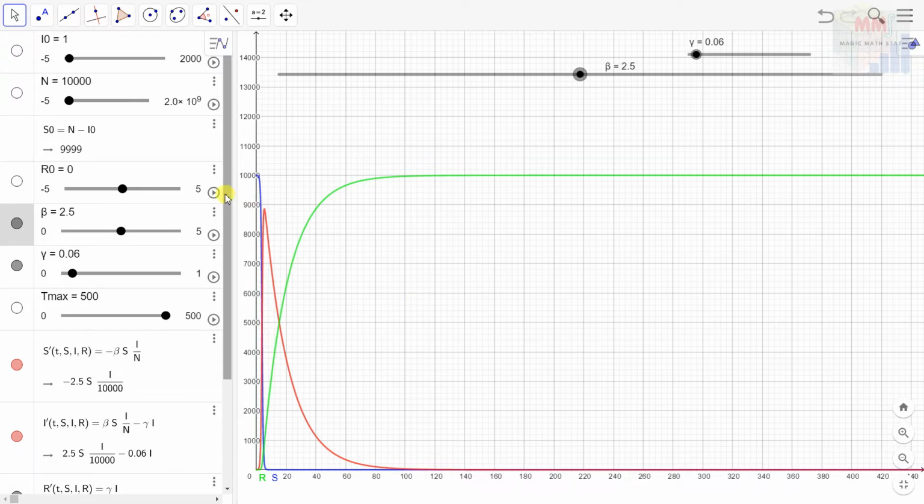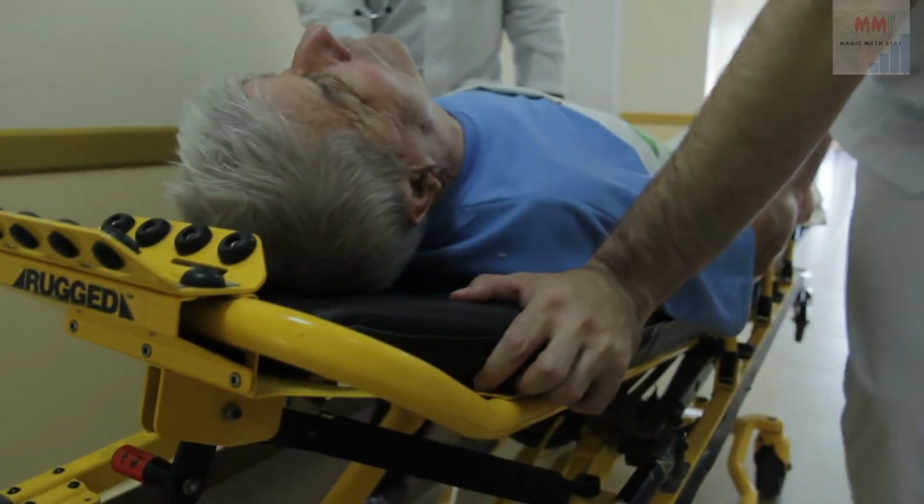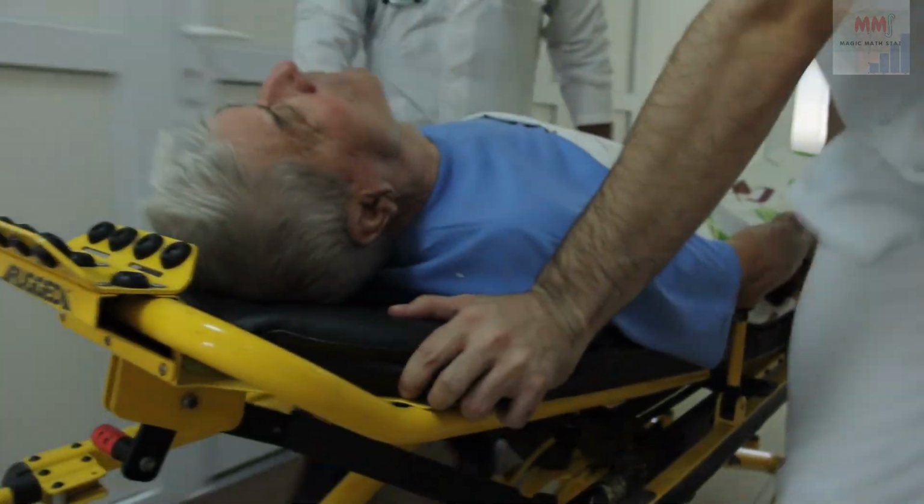That means the other 4 patients might die in the process since they are not getting the treatment. We have already seen this kind of scenario in Italy.